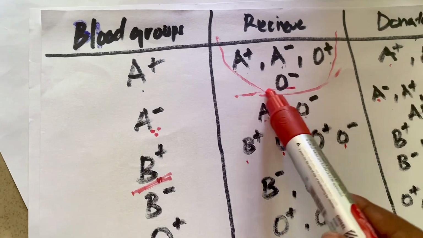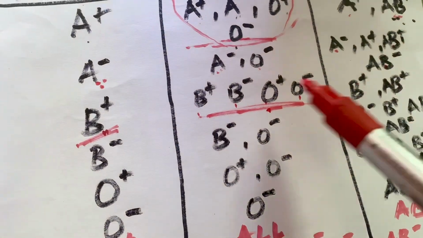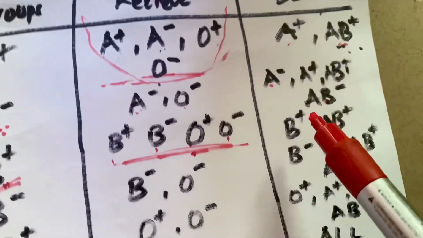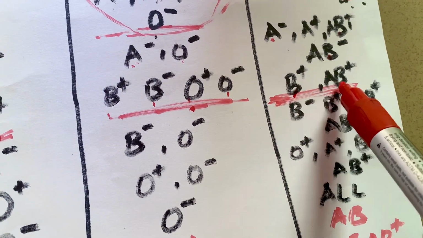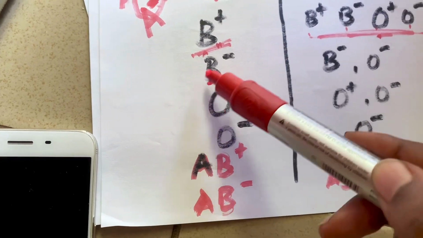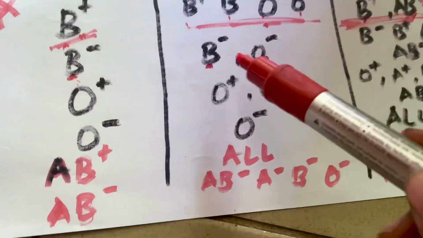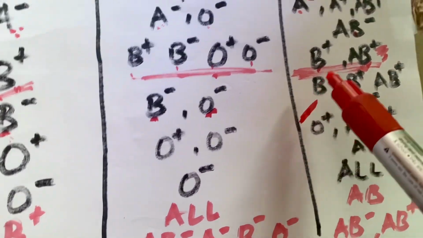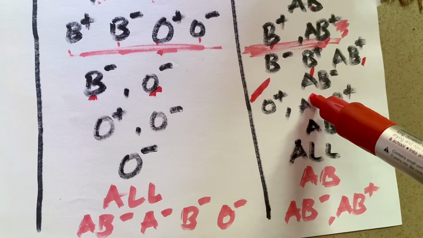The reasons are the same as I mentioned here. Then B positive can donate blood to only B positive and AB positive. B negative can only receive blood from B negative and O negative, but it can donate to B negative, B positive, AB positive, and AB negative.